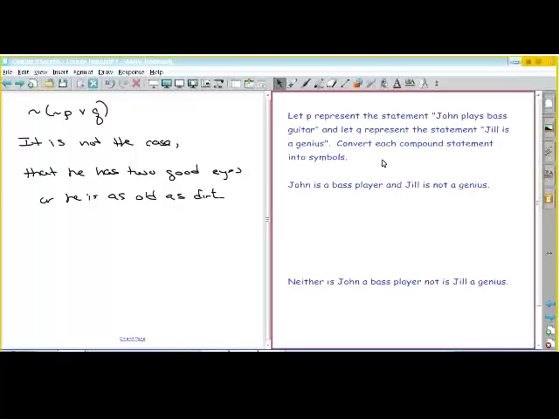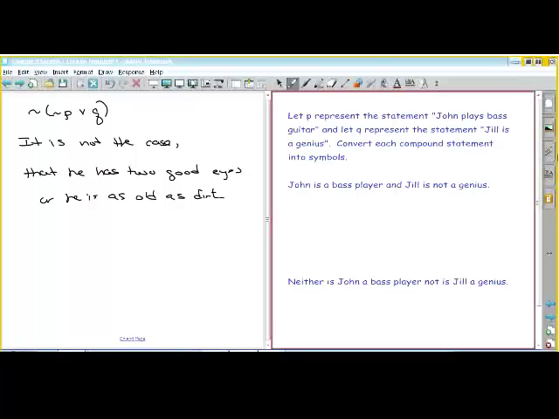Okay. And then you go the other direction. You have a statement, and you have to rewrite it in some symbolic form. So we have the two statements written out again, and here are the words. Basically all you have to do is determine whether the part of the compound statement is the original statement, then it's just the letter, or if it's the negation of the statement, then you put a little tilde in front of it. So this first one is, John is a bass player.